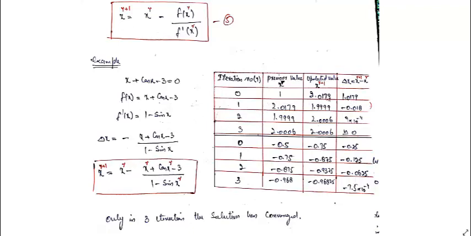Similarly, when the guess, or we can say the value of x, is equal to 2.0179, we put that in this equation. We get the value of delta x to be minus 0.018, and then x r plus 1 is equal to 1.9999. Similarly, when we put x equal to this, we get this value.